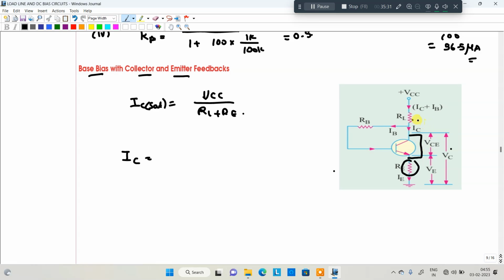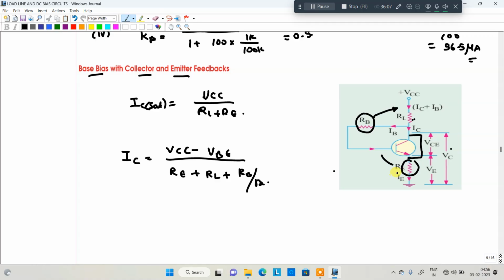IC is equal to VCC minus the base to emitter voltage VBE, divided by the emitter resistance RE plus RL plus the base resistance referred to the collector side, that value RB divided by beta.